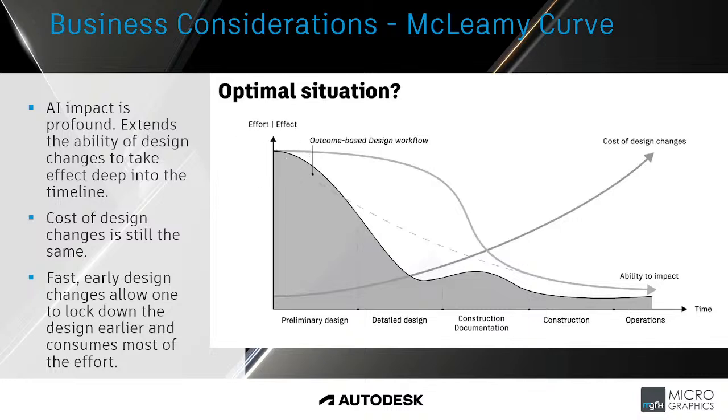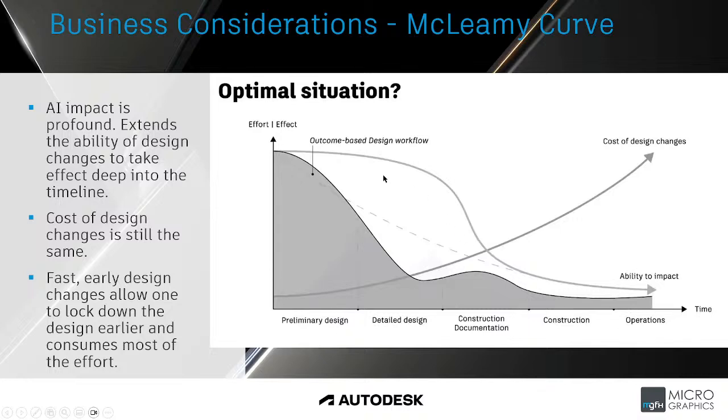Our decision points, because our tools are now faster and can react faster and generate faster and automate, we are flattening this curve and we are changing our ability to impact straight into the construction documentation phase. So if something happens and we need to make a change, then we can still make that change without impacting the timeline too much.